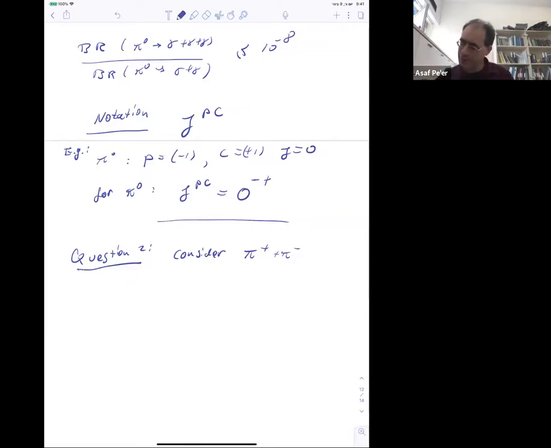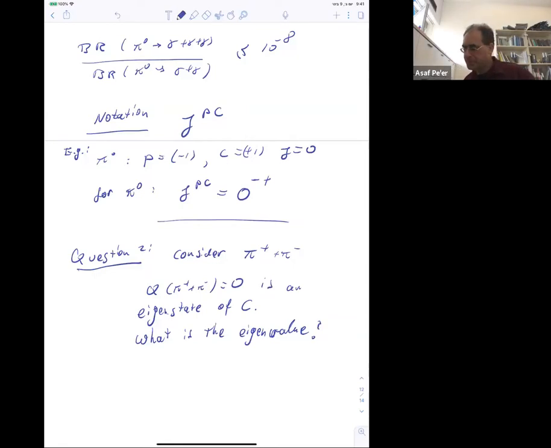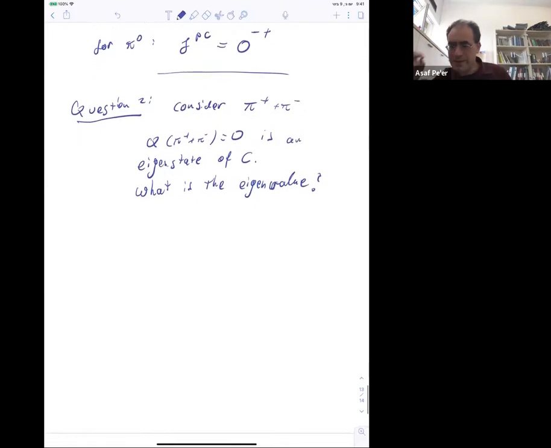So it is an eigenstate of C. So the question is, what is the eigenvalue?